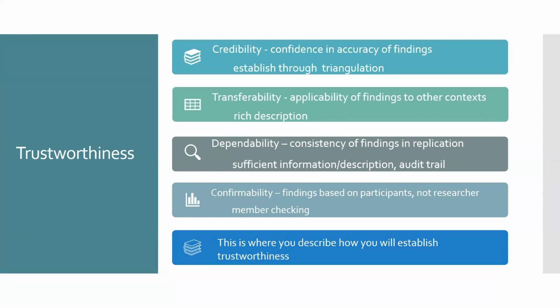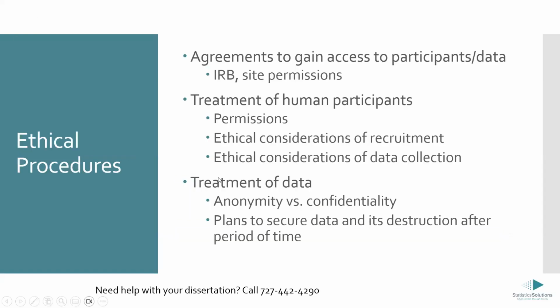At this point in your methods chapter, you have to lay out step by step what you are going to do to demonstrate and establish your trustworthiness, considering all of these aspects of researcher trustworthiness. So don't skip on your ethics. Show that you are trustworthy as we then move into your ethics discussion.